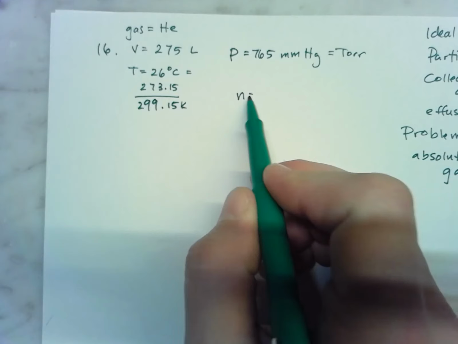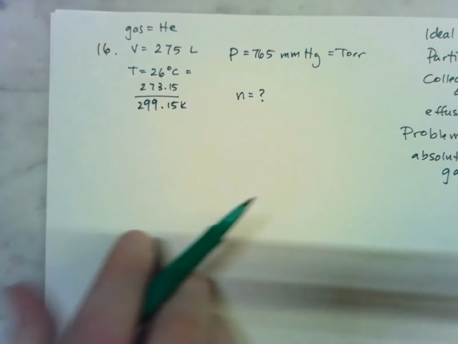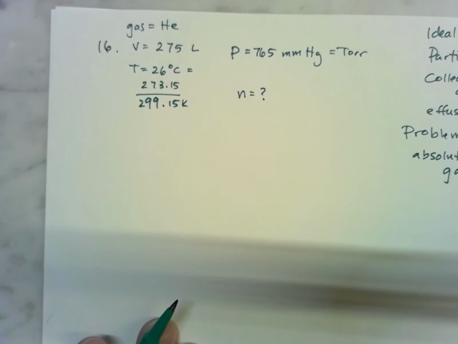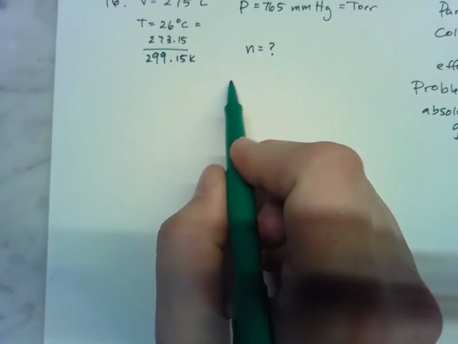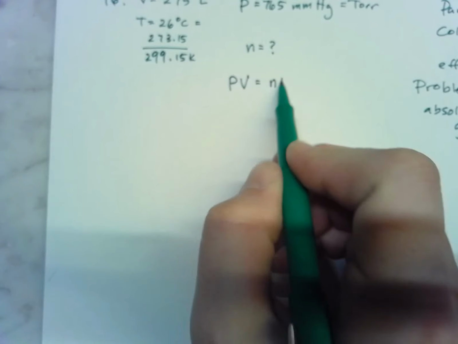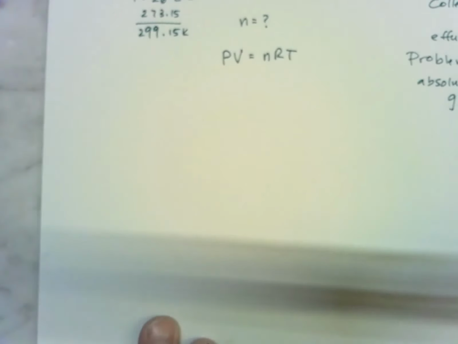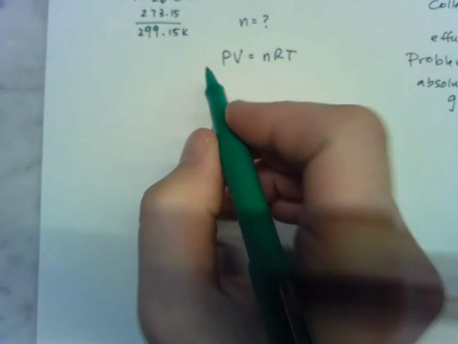So that's n equals question mark. Okay, so this should be pretty straightforward. So PV equals nRT. And let's just sub in and see what we've got and see where we need to go. Okay, so we could flip back, put a marker there, and then flip back to your R.